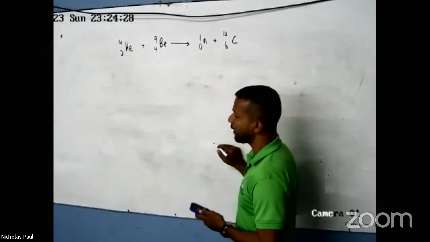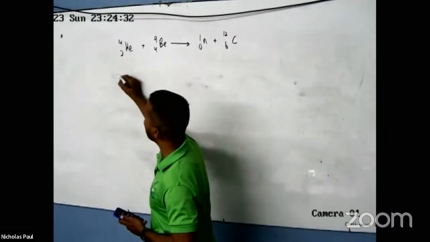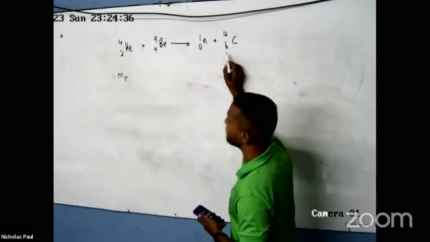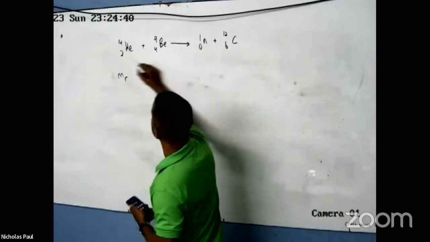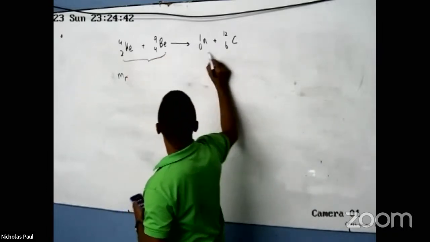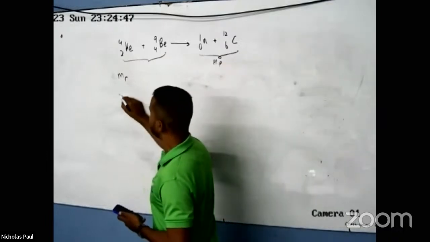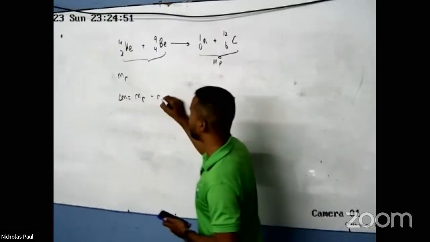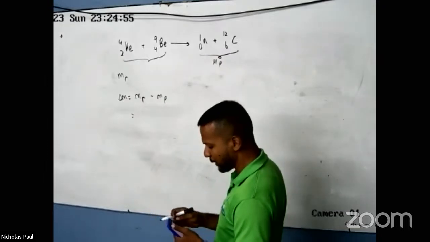Here you have your reactants. You have to find the mass of your reactants, find the mass of your products, and then subtract them. To get the change in mass, you get the mass of the reactants and minus the mass of the products.